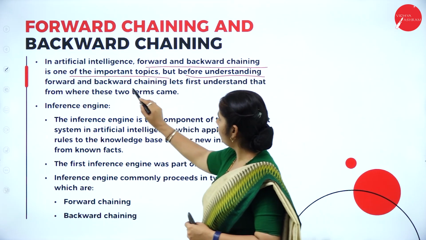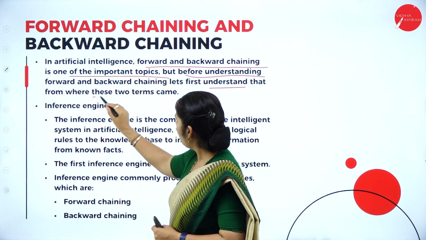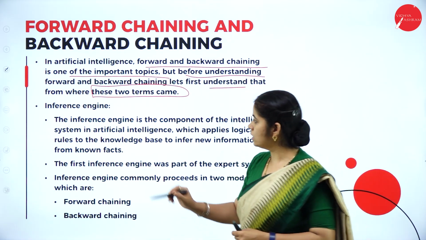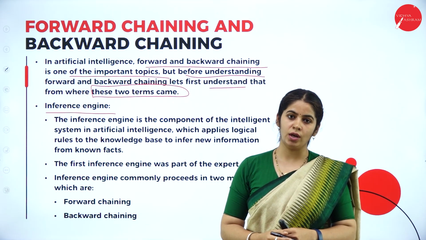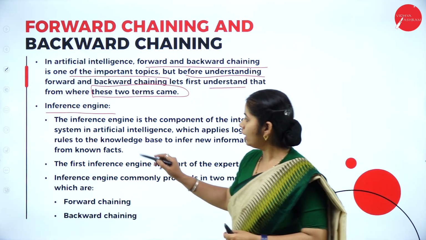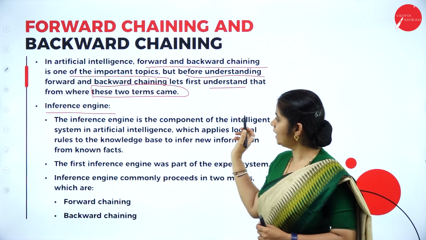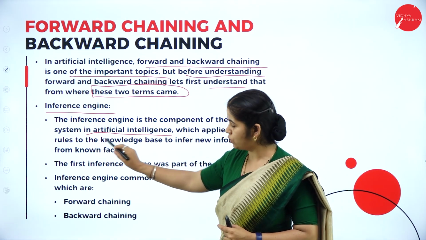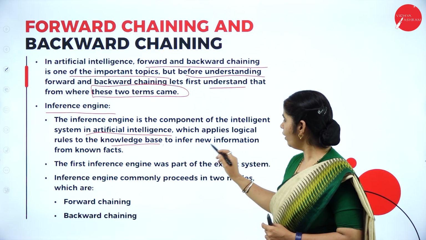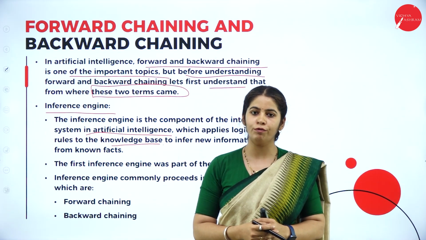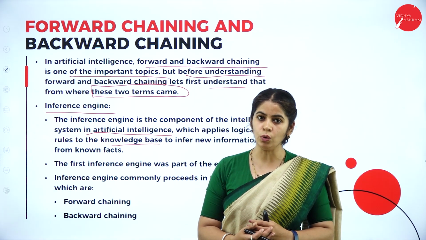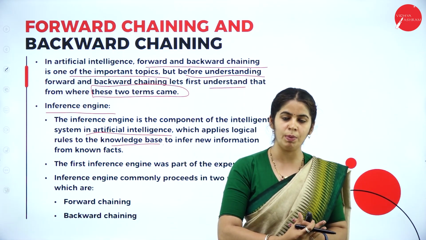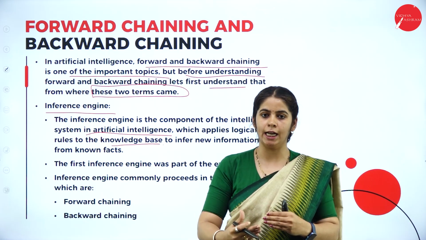Before understanding forward and backward chaining, let us see where we have already used these terms. We used them when dealing with the inference engine in session 1 of unit 3. The inference engine is a component of the intelligent system in artificial intelligence which applies logical rules to the knowledge base to infer new information from known facts. The inference engine observes the environment, compares it with the knowledge base and forms new sentences.